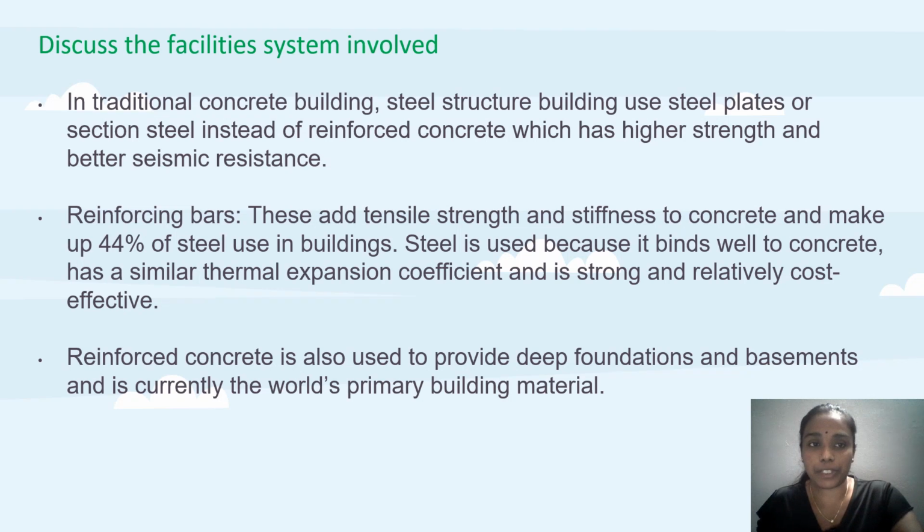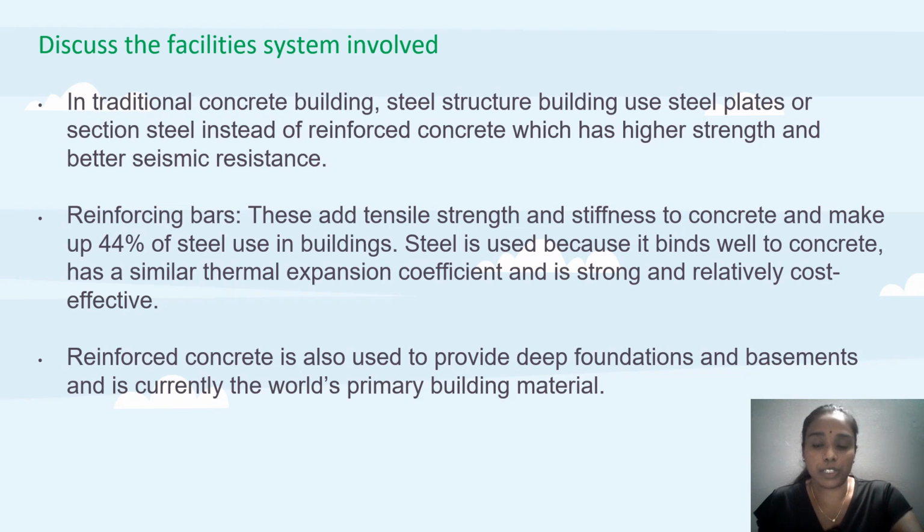Now I am going to present and discuss the facility system involved. In traditional concrete buildings, steel structure buildings use steel plates or section steel instead of reinforced concrete, which gives higher strength and better seismic resistance. Reinforcing bars add tensile strength and stiffness to concrete and make up 44% of steel used in buildings.